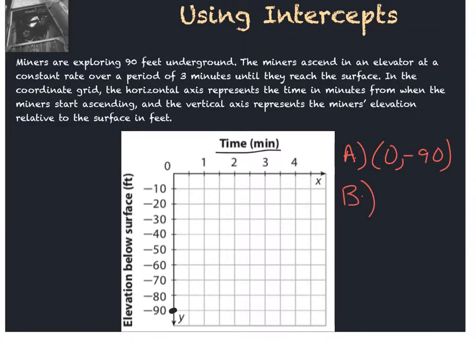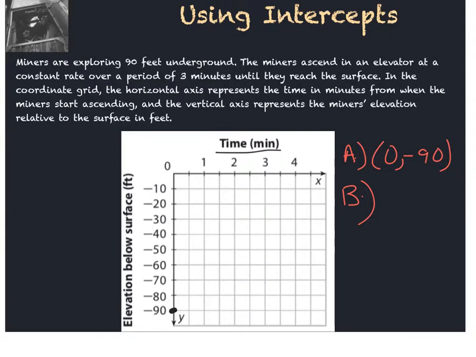Part B, you're asked to figure out the point that represents the miner's elevation at the end of the ascent. Well, at the end of the ascent, they would be at ground level, right? They would no longer be below surface. They would be at surface level. If you read this problem, it says after 3 minutes, they reach the surface. Surface level would be represented by 0, okay?